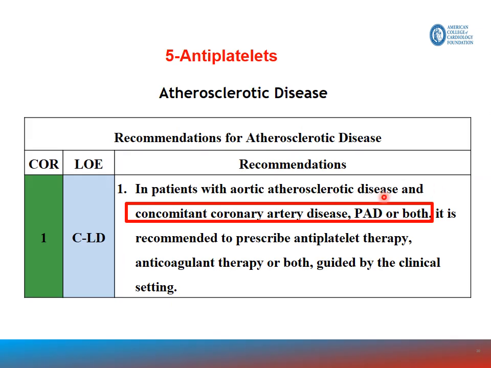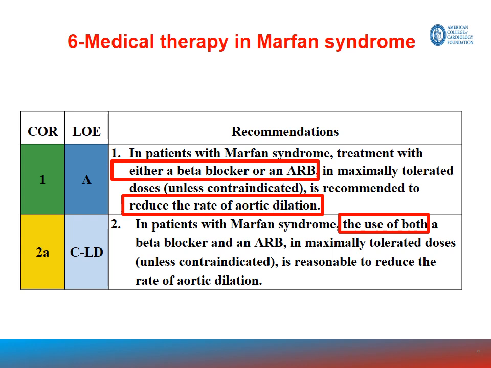In patients with aortic atherosclerotic disease and concomitant coronary artery disease, peripheral arterial disease, or both, it is recommended to prescribe antiplatelet therapy, anticoagulant, or both, guided by clinical setting.